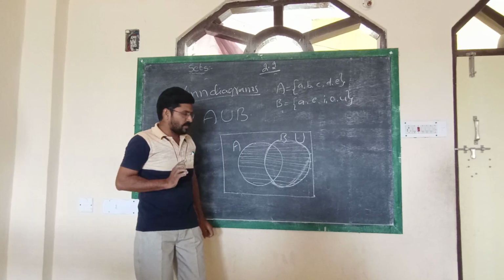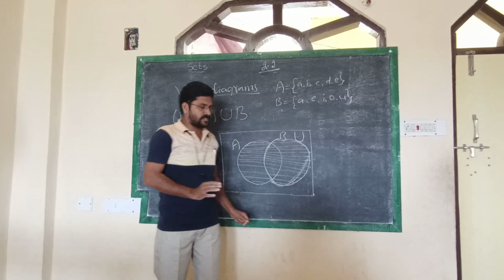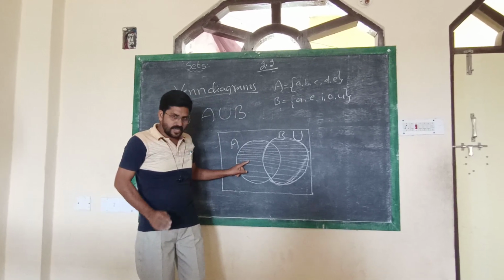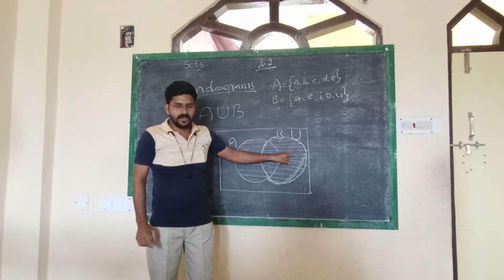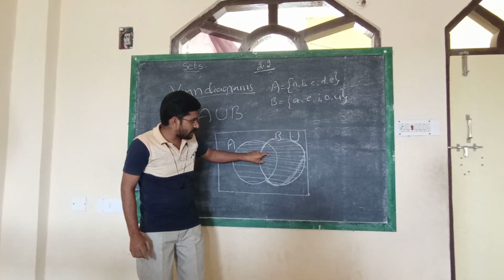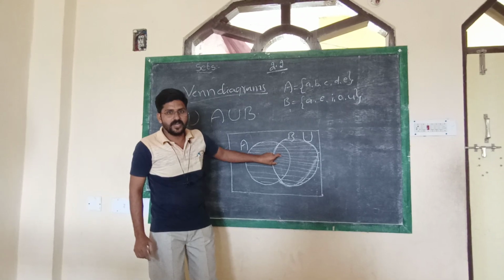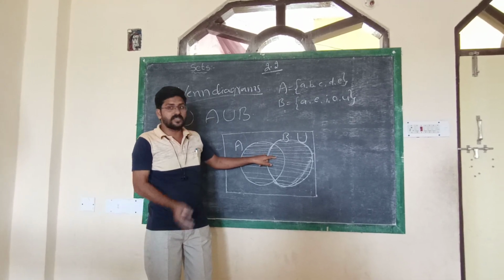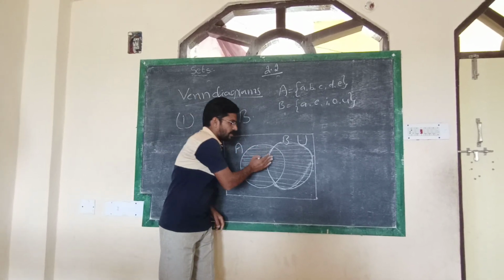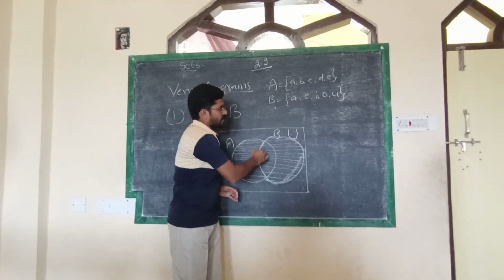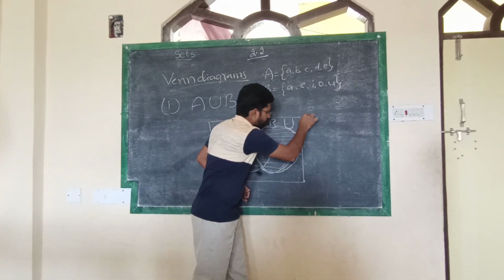In this diagram, if you want to represent these elements, see, this is set A, this is set B. This overlapping part is the common part, which means the common elements in A and B we have to represent here. So the same diagram I am drawing here.